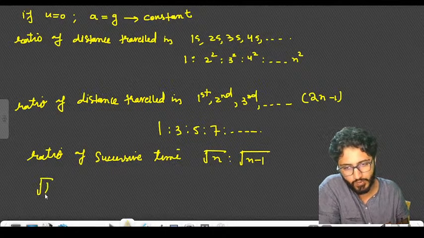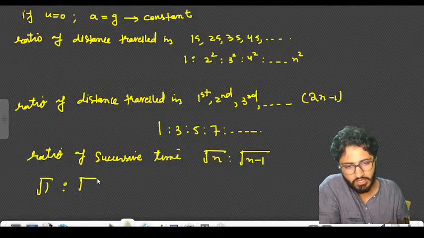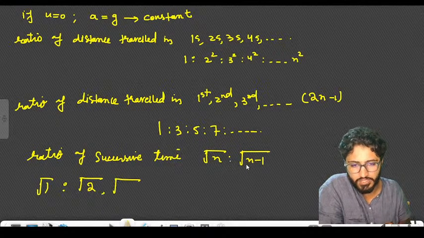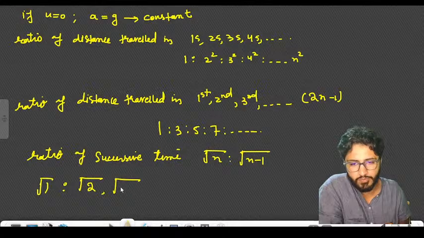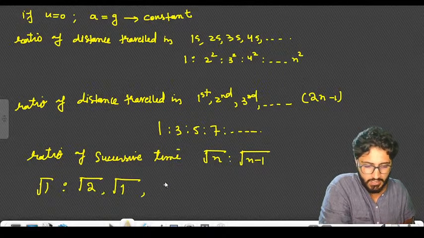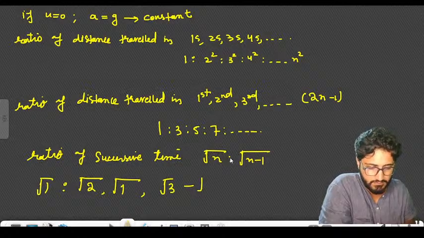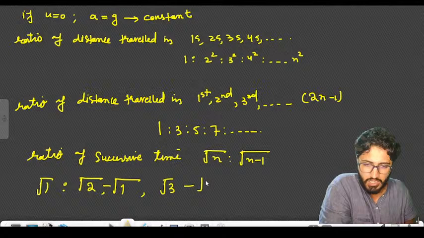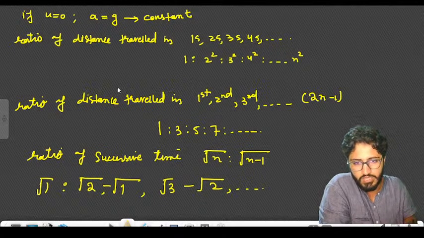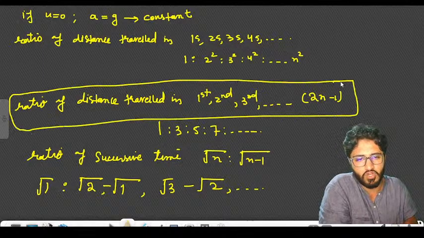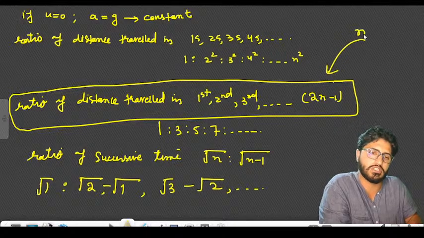That means under root 1 is to under root 2 minus under root 1, then under root 3 minus under root 2, and so on. So these are important. This one is most important. You will find PYQs on this only. Most important.